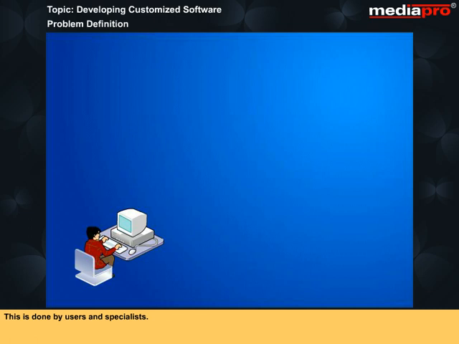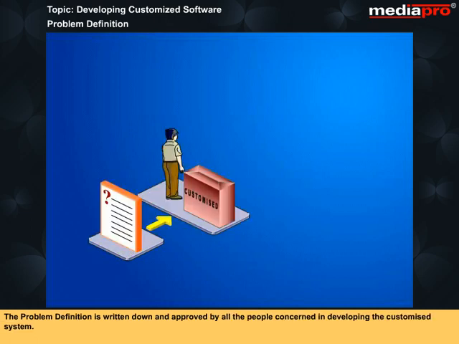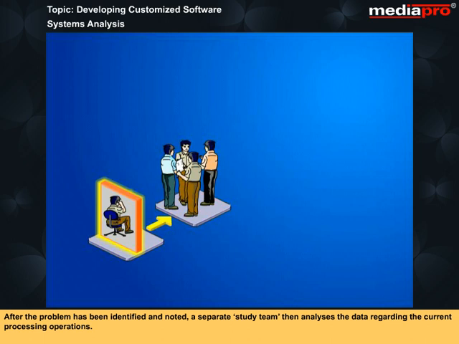This is done by users and specialists. The problem definition is written down and approved by all the people concerned in developing the customized system. After the problem has been identified and noted, a separate study team then analyzes the data regarding the current processing operation.